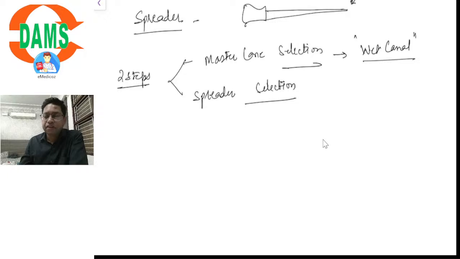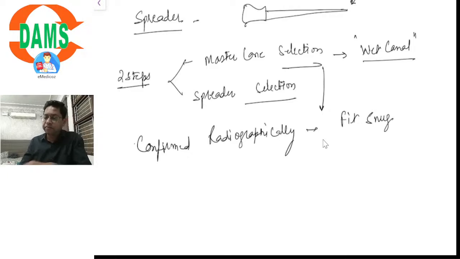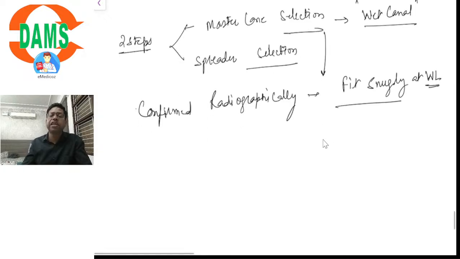Okay. So in master cone selection, we have to see that this master cone is confirmed radiographically, which is called master cone radiograph, and it should fit snugly at your predetermined working length. Definitely working length has already been determined. So it should fit snugly at working length, and this is called tug back feeling.